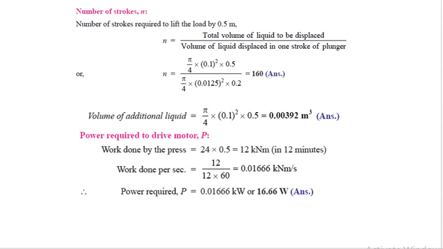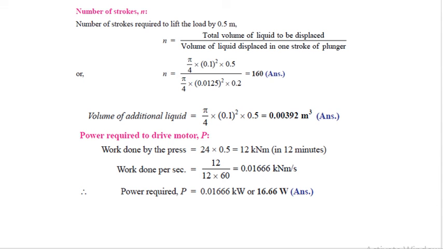One stroke length is given, that is 0.2 meter, and this is the diameter. So with the help of this, you can calculate number of strokes required to lift the load by 0.5 meter. So volume of additional liquid is this, pi by 4 into diameter of ram squared into 0.5 meter total length.